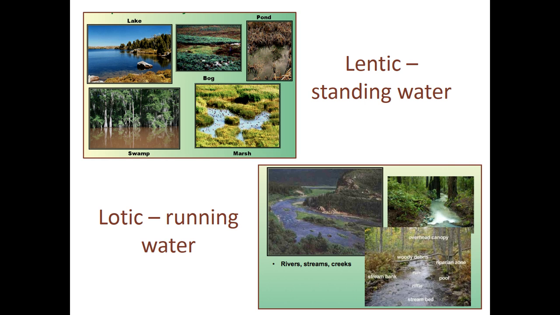Lentic, also known as lacustrine ecosystems, is a system characterized by still water, like lakes, ponds, and swamps. Lotic water bodies, also referred to as riverine ecosystems, is a system characterized by actively moving water. This course is focusing on lotic or moving water systems, but riparian areas are also valuable to lentic systems.